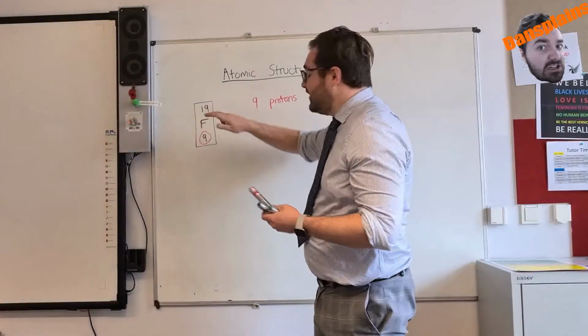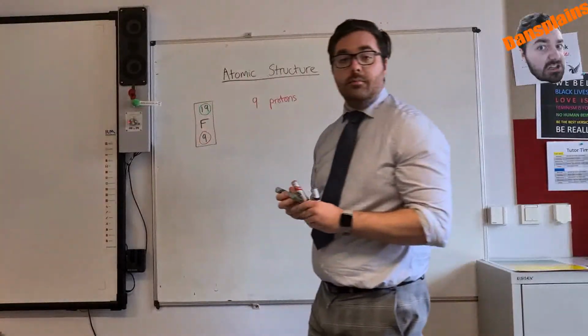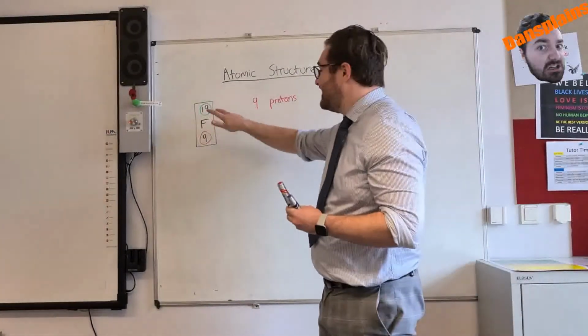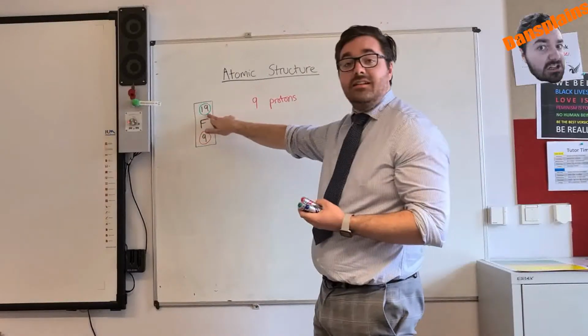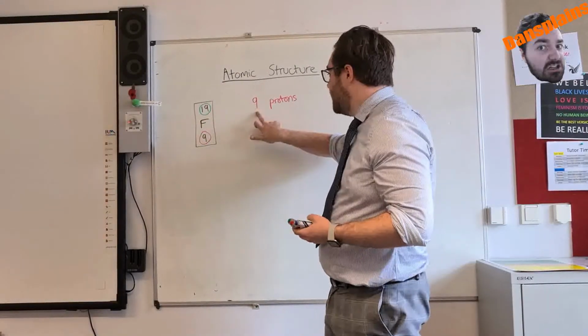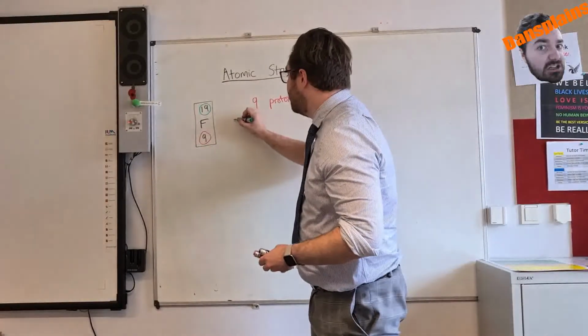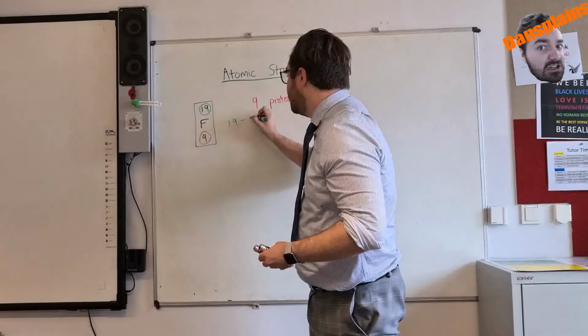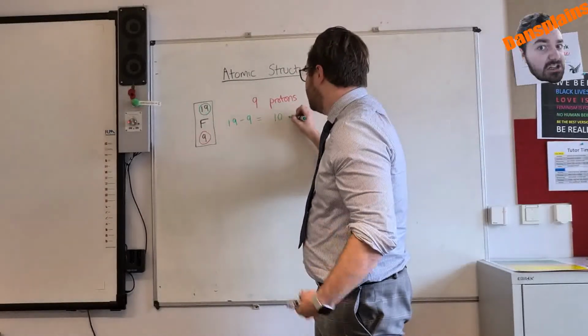I have 19 for my mass number. If I have 19 for my mass number, that means there is 19 in my nucleus and 9 of them are protons. That means that I have 19 minus 9 protons, which equals 10 neutrons.